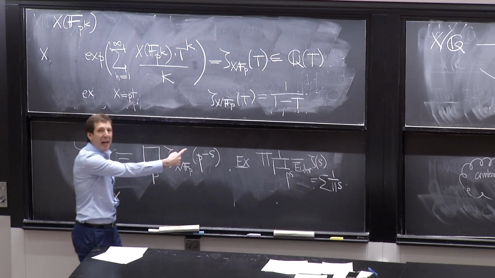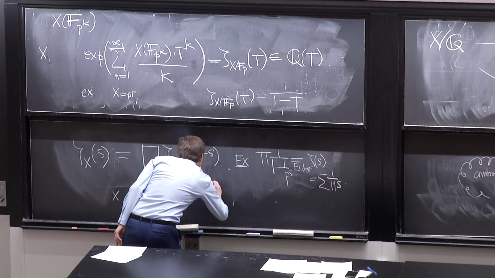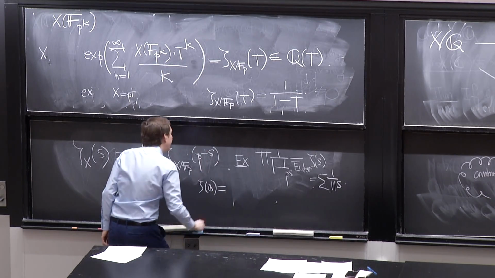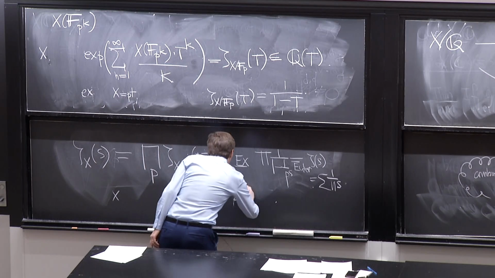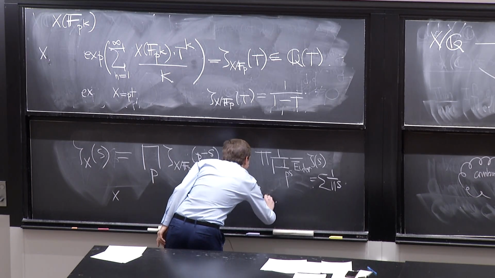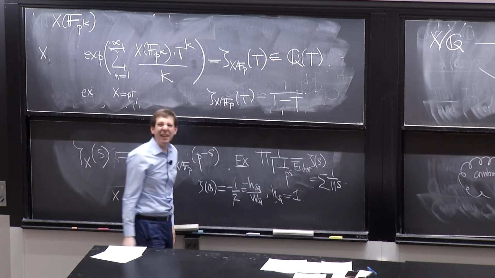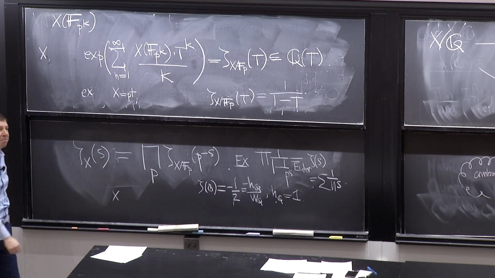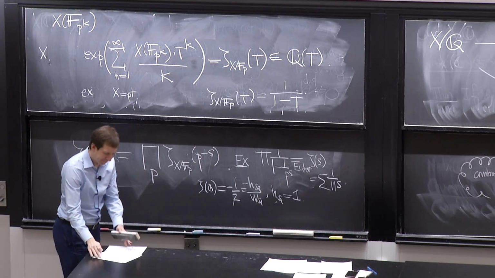Well, by analytic continuation, I could evaluate it at 0, and you get minus a half. Or if you use the class number formula, you deduce from that that the class number of Q is 1, or namely that Z has unique factorization. Okay, so that's some information included inside a point.